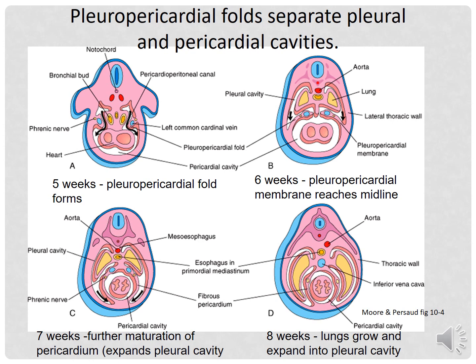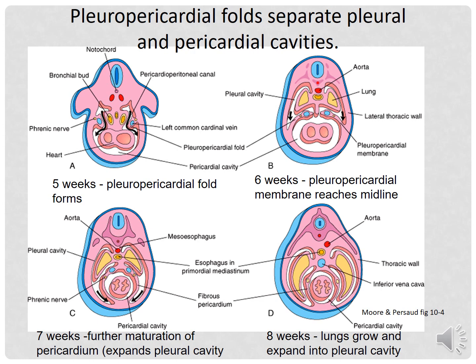In this diagram A, we can see the arrow in the pericardio-peritoneal canal. This is the situation in the 5th week of intrauterine life. Then we have the development of the pleuropericardial membrane. It reaches the midline, and ultimately we have the separation of the pericardial and pleural cavities, and the lungs grow and expand into the pleural cavity.